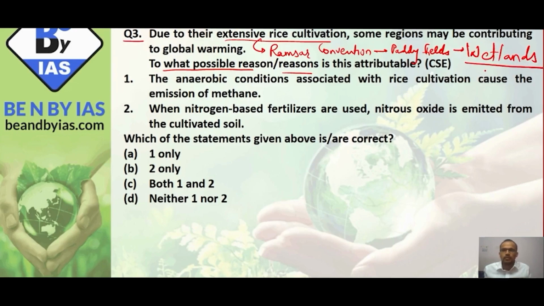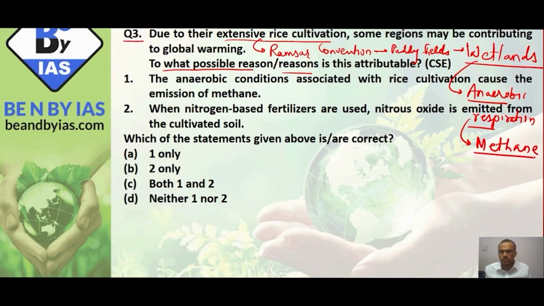Fine. And in a wetland, as water is present perennially, the form of respiration that is dominant is anaerobic respiration. And as a result of this anaerobic respiration, which gas is released from these wetlands? It is methane gas.